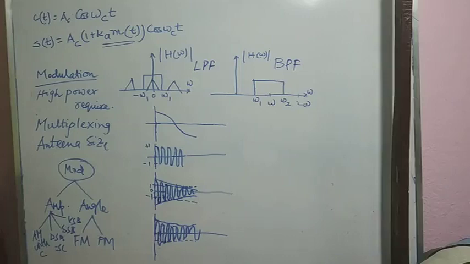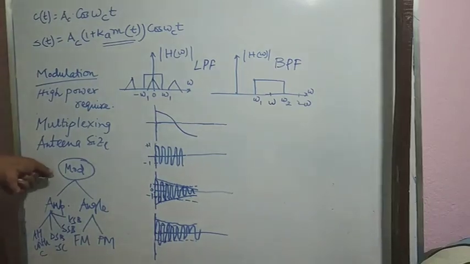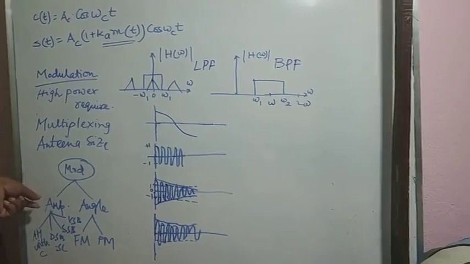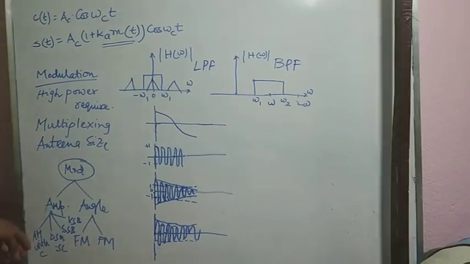So, if the amplitude of the carrier signal is modulated in accordance with the message signal, then we call it amplitude modulation. There are different variations. We will come one by one: amplitude modulation with carrier, DSBSC, double sideband, single sideband, vestigial sideband, etc. There are so many classifications. We will see one by one later.